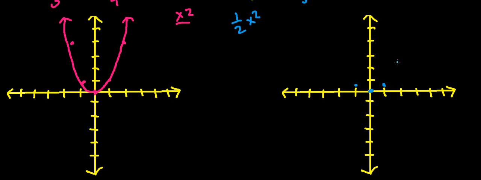And when we put in x equal to 2, instead of getting 4, we had 2 instead. Same thing with the minus. And when we put in 3, we didn't get 9 like in this graph, which is off the chart. We got 4.5. So that's right here, at 3, 4.5 and minus 3, 4.5. So you can see that this goes up much more slowly. They look similar, but this parabola is much wider than this one. We say that it's vertically compressed.